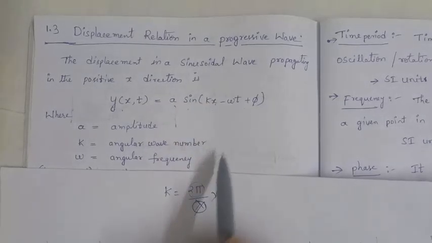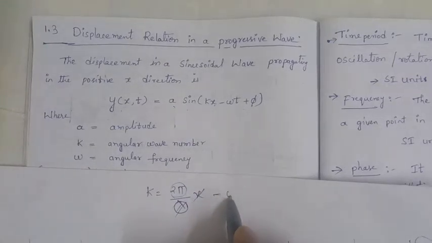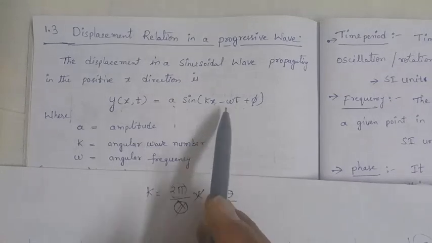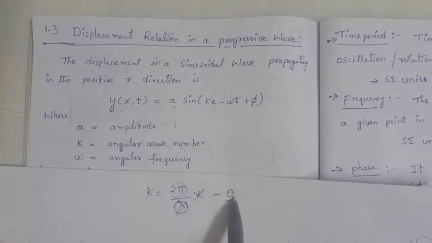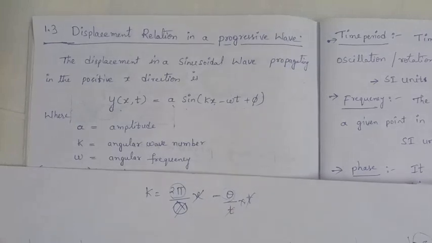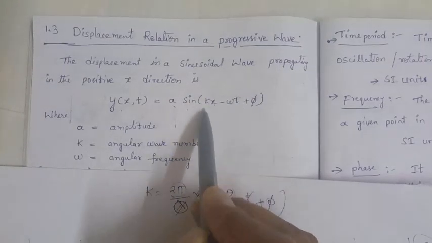2 pi is an angle. And omega means theta by t. Omega is the angular frequency, that means angle by time, multiplied by t, and here also we are getting an angle, and phi is also an angle. This complete term is nothing but the phase.